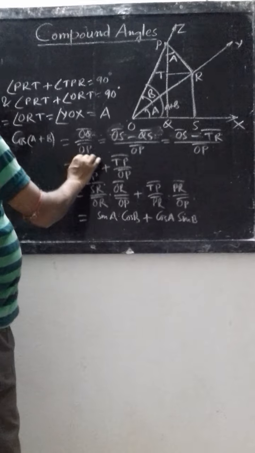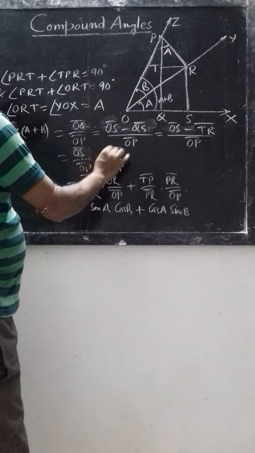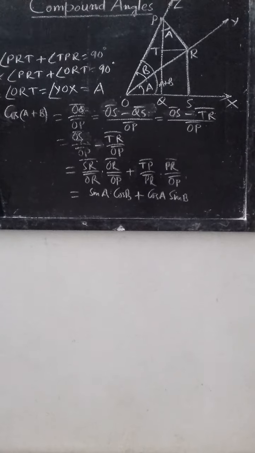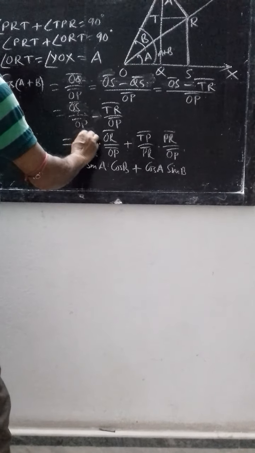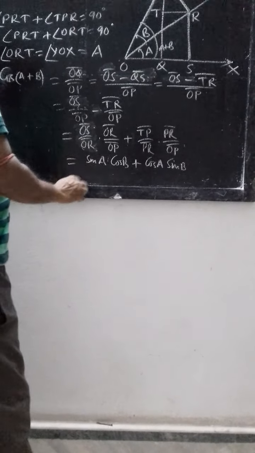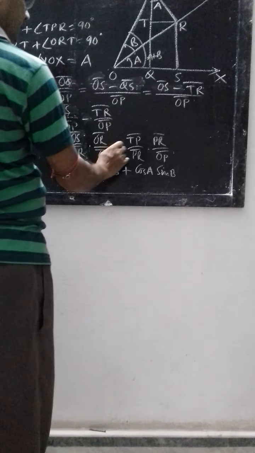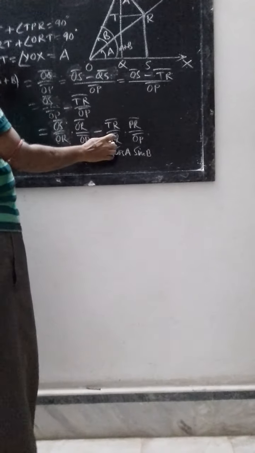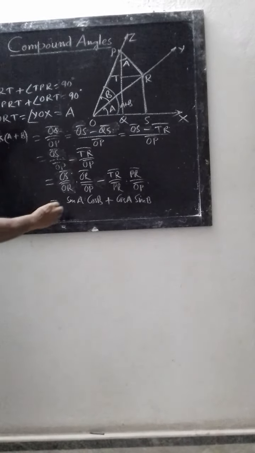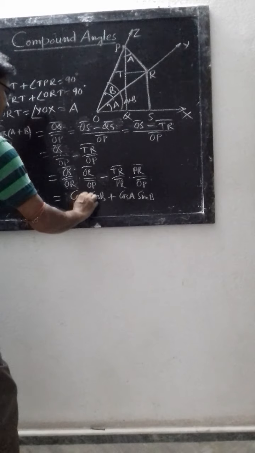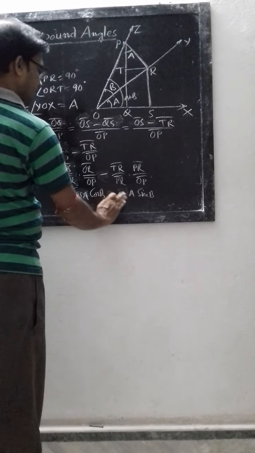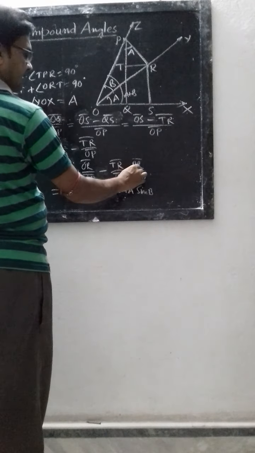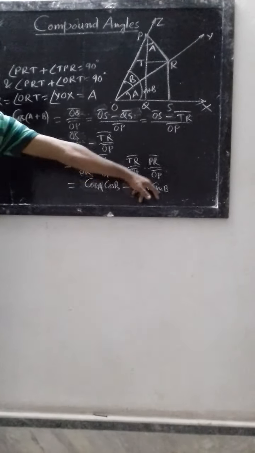Now this equals OS by OP minus TR by OP. This equals OS by OR into OR by OP minus TR by PR into PR by OP. This equals cos A, OR by OP equals cos B, minus TR by PR equals sin A, and PR by OP equals sin B. So cos(A plus B) equals cos A cos B minus sin A sin B.